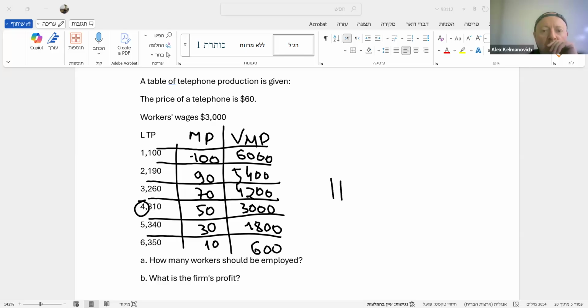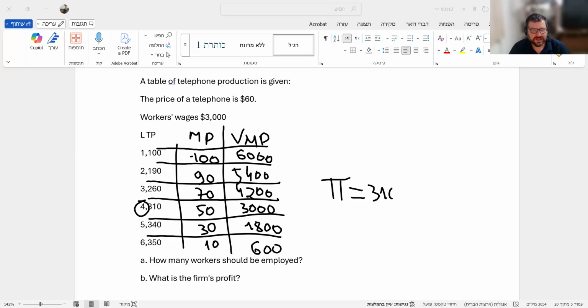Okay, let's calculate it together. Tell me what calculation I make. So it's 310 phones multiplied by 60, the price of a phone. Exactly. Quantity times price. This is our revenue. And minus 3,000 multiplied by 4 workers. Exactly.